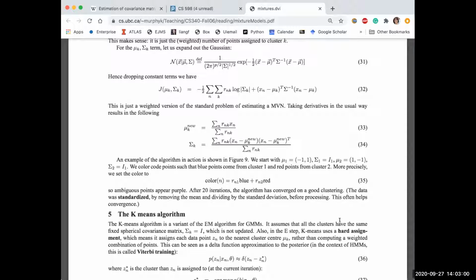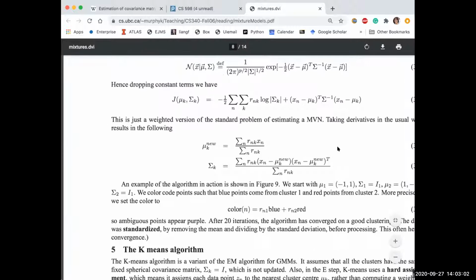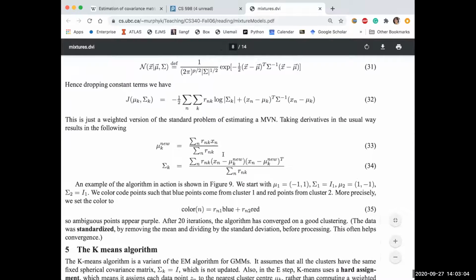Now, in his case, the sigma is different for the two groups. But in our case, in coding 4, I assume sigma is the same. So basically you have to sum over k and divide by n. Let me switch back to my slides.